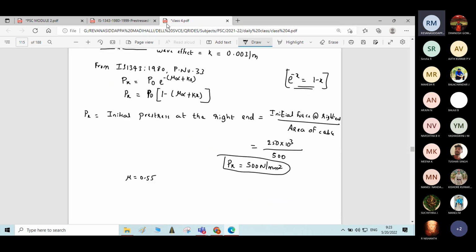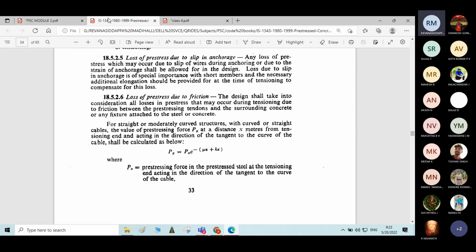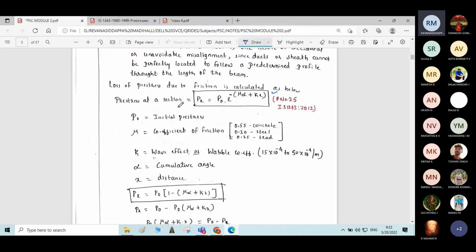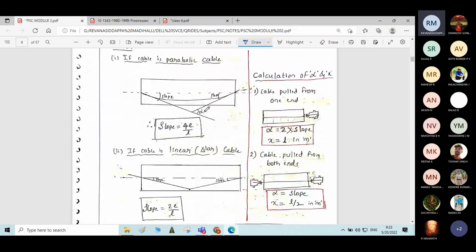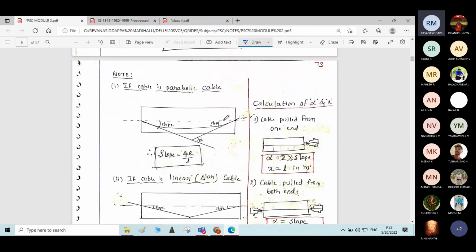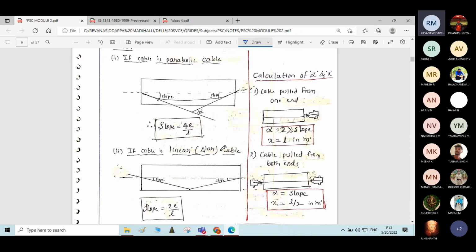Then alpha we have to calculate. We have the guideline for calculating the alpha here in the beginning of the notes. You need to refer to this note. For parabolic cable and for linear cable, the formula for alpha will vary.